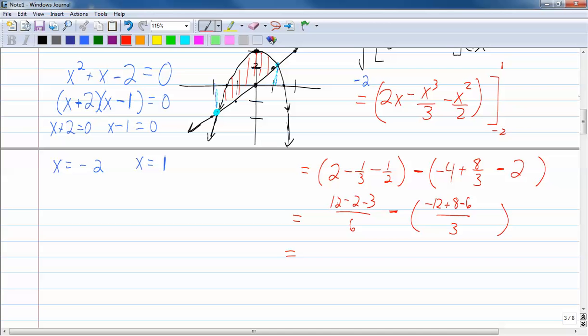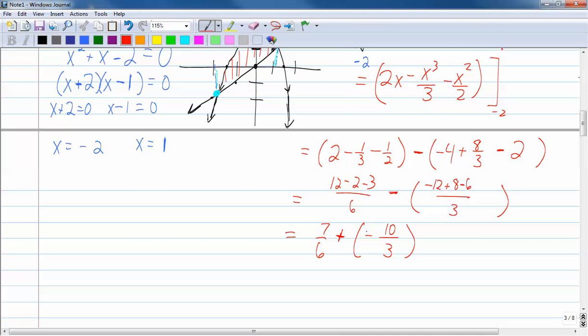Alright, so that's going to be 12 minus 5 is 7/6, minus -10 thirds, because that's -4 minus 6 is -10 thirds.